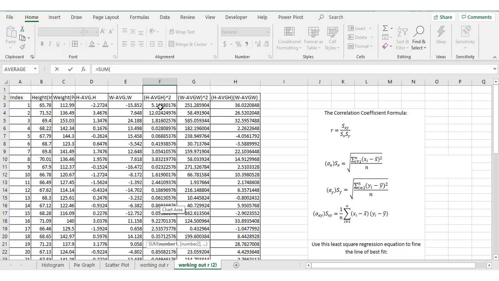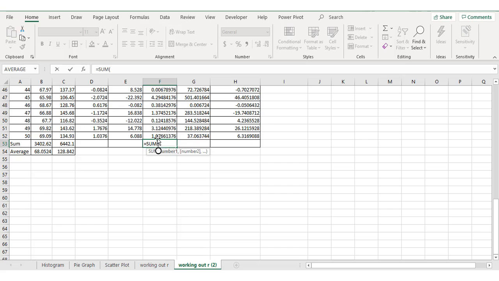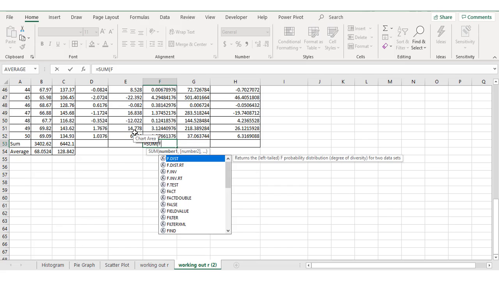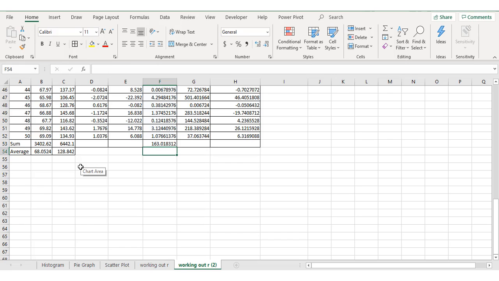It will be F3. You see, it's F3. Go to F52. So I will type F3, colon symbol, F52. Then enter.